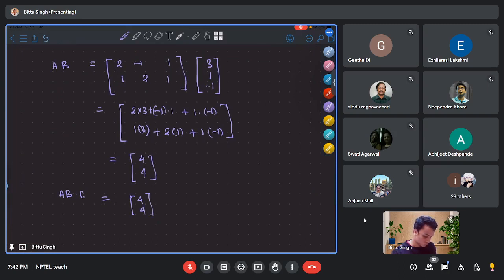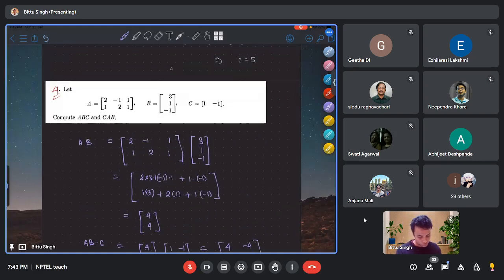AB is 4, 4. Now this row is 4 and this column is 1, so it will be 4. Similarly, 4 times minus 1, this is minus 4. Again, this column is 4 times 1, 4, minus 4.